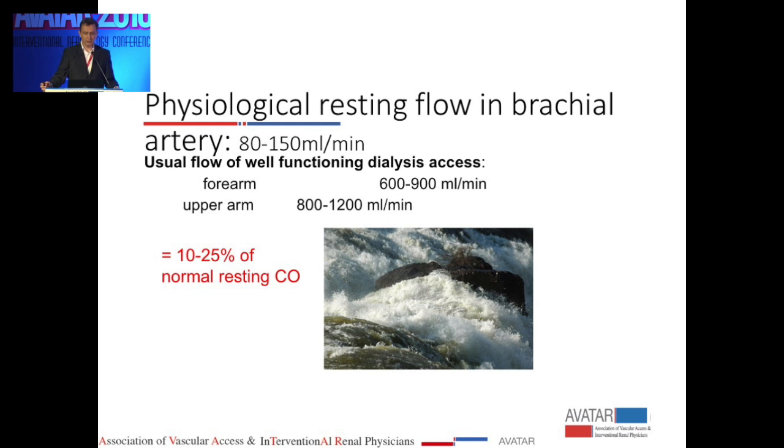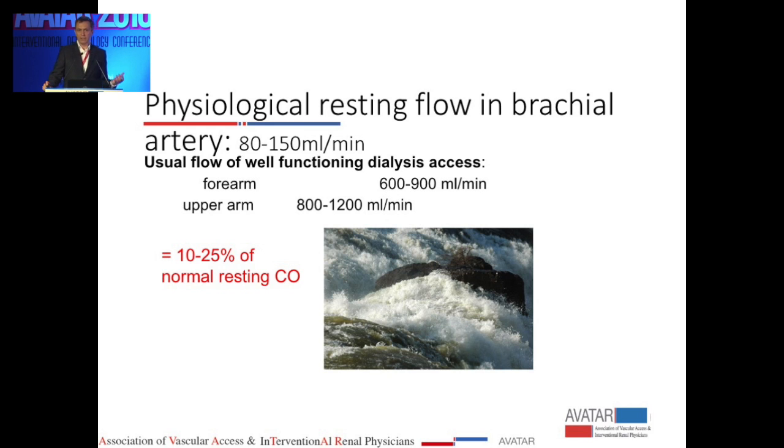After the creation of vascular access, it rises up to 1000 or 1500 ml per minute, which is a considerable change, and which represents up to 25% of normal resting cardiac output.